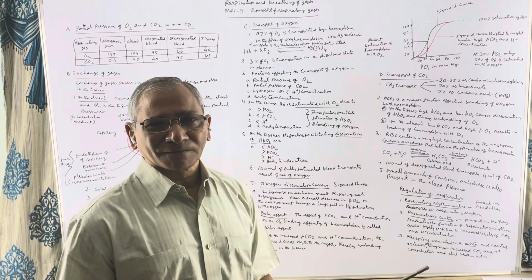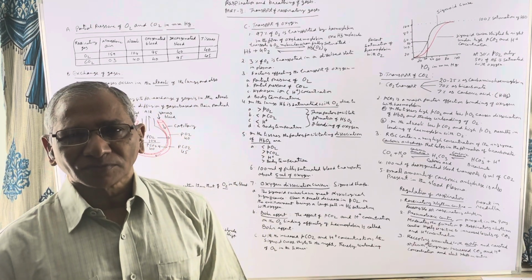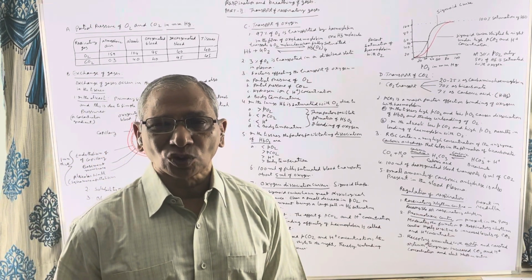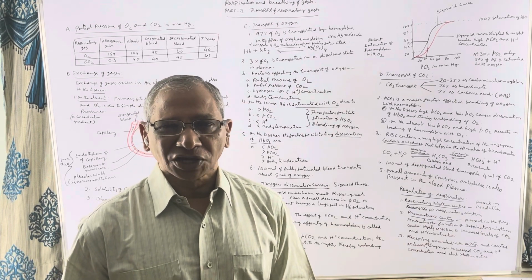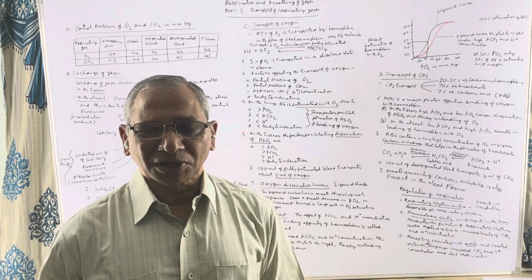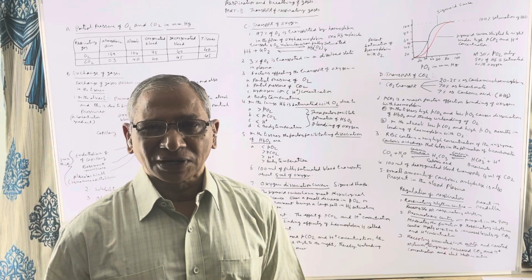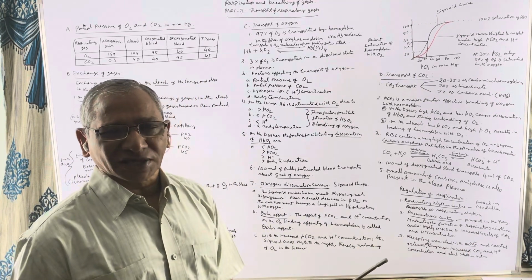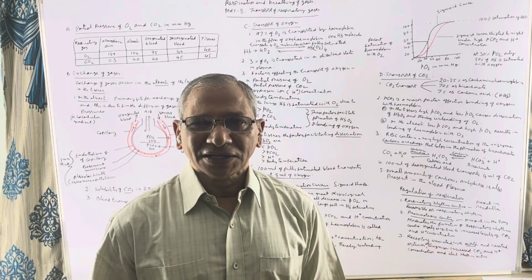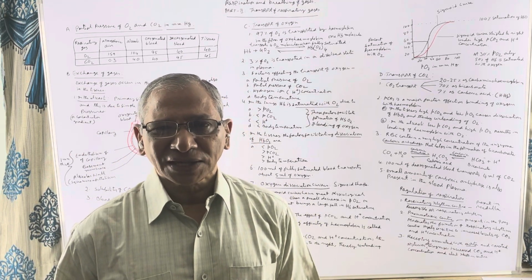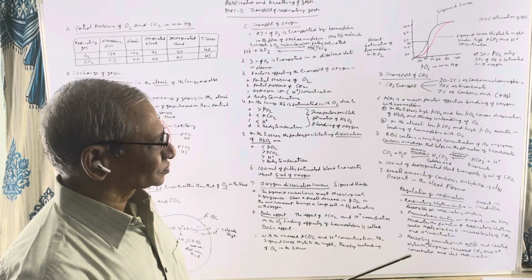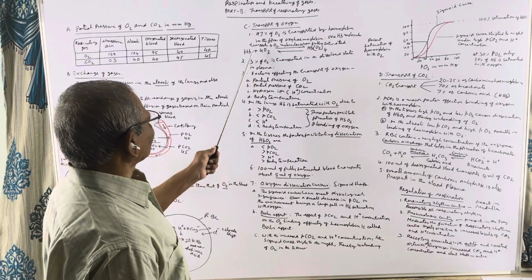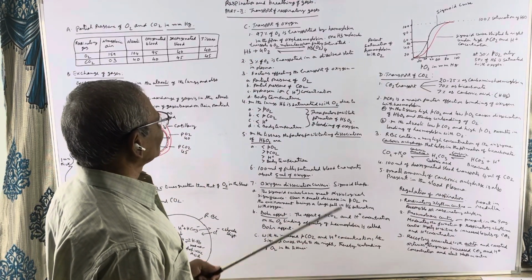97% of the oxygen is transported by the hemoglobin. Hemoglobin is the respiratory pigment present in the red blood corpuscles. About 3% of oxygen is transported in a dissolved state through the blood plasma. Now let's say this is the hemoglobin, this is oxygen.